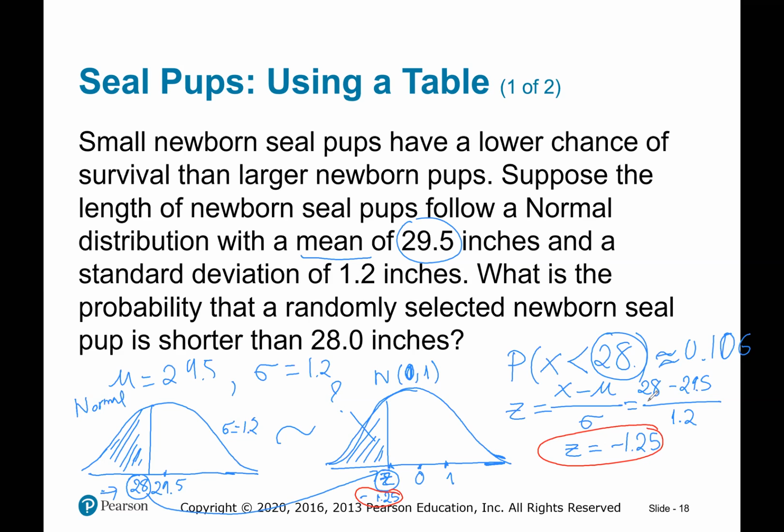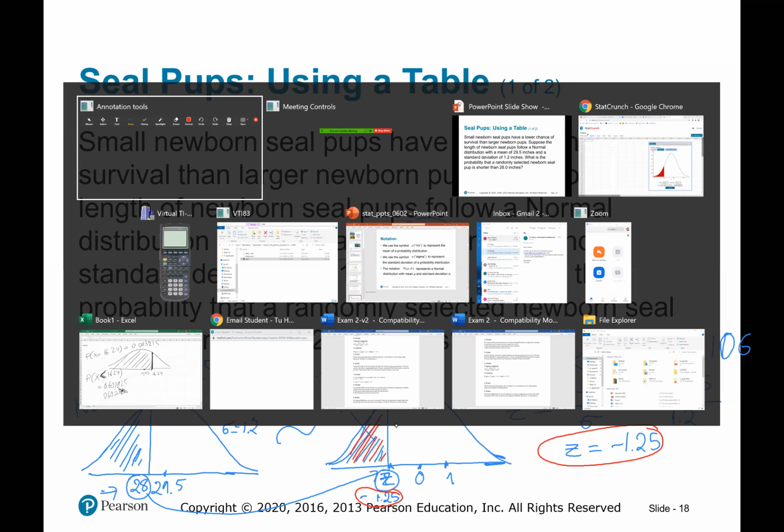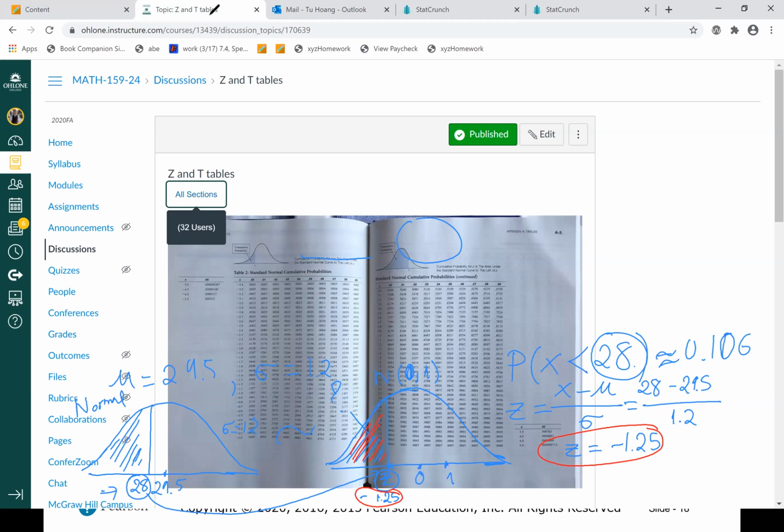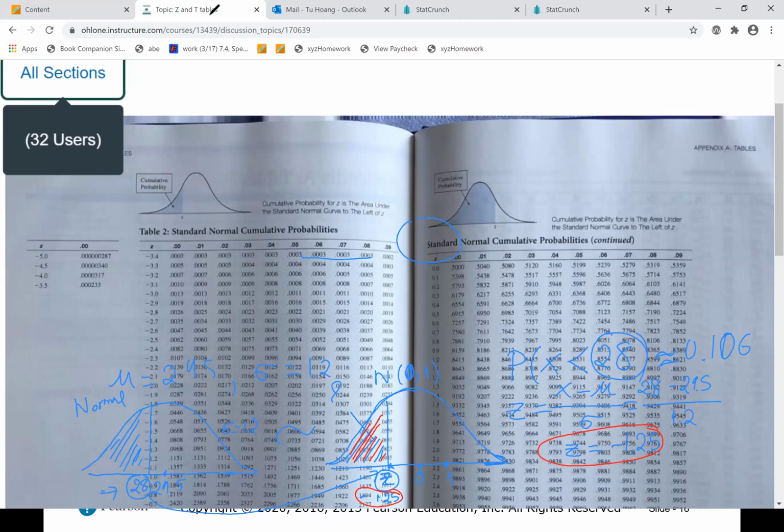So I need to go back to the z table to find the area under the curve from negative 1.25 to the left, which is the area here, the red one. So let's go to the table. Okay, a little bit small, but if you make it bigger here.